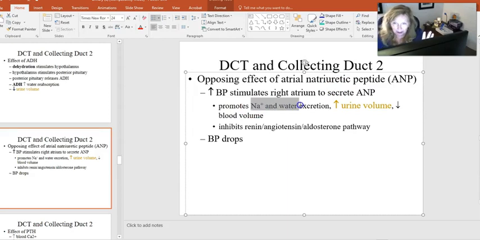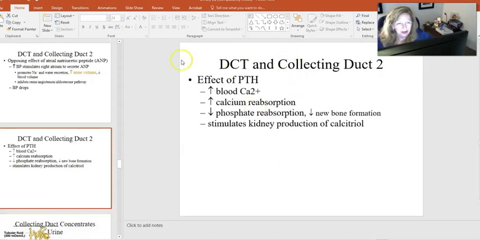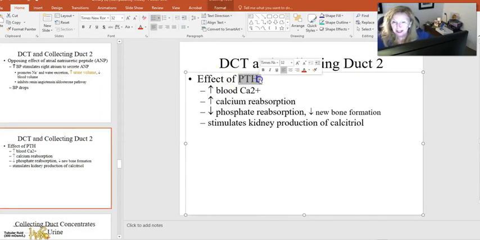So it's the opposite of aldosterone, and water follows, so you have an increased urine output, which lowers your blood volume, which lowers your blood pressure. Right. We have PTH, which is parathyroid hormone, secreted from the parathyroid glands. This targets the kidneys so that you pull calcium back in.